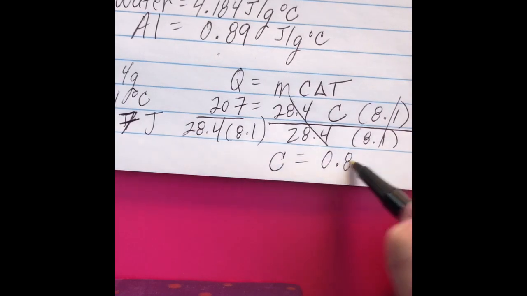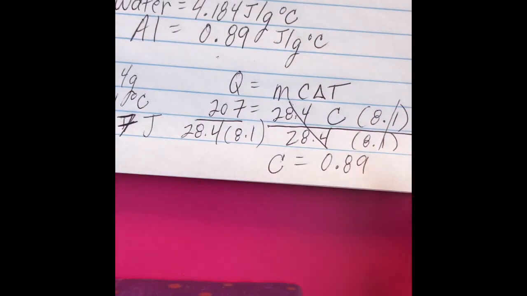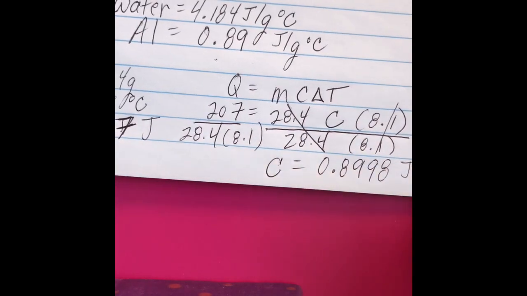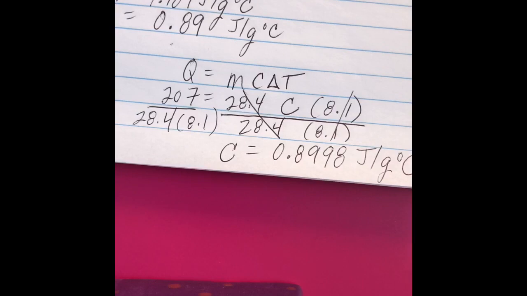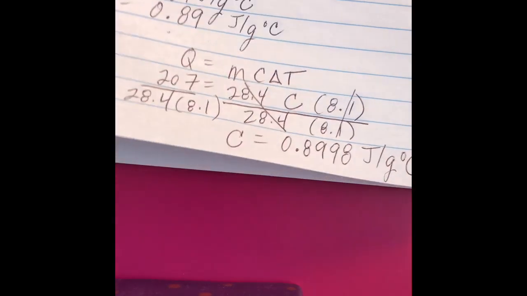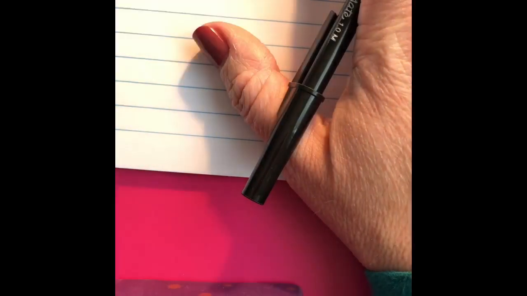And you should get about 0.89, which actually is what I just mentioned above. I said 0.89, and that would be labeled joules per gram degree Celsius. So it doesn't take as much energy to change the temperature of just 1 gram of aluminum by 1 degree Celsius.